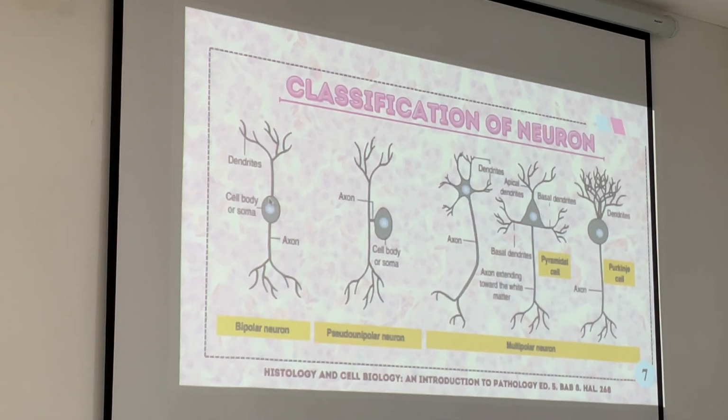Okay, these are some of the shapes of the neurons. There's a bipolar neuron, which has two axons protruding from the pericardium, and then there's a multipolar neuron, which means there are more than two axons, more than two dendrites, that protrude from the pericardium.